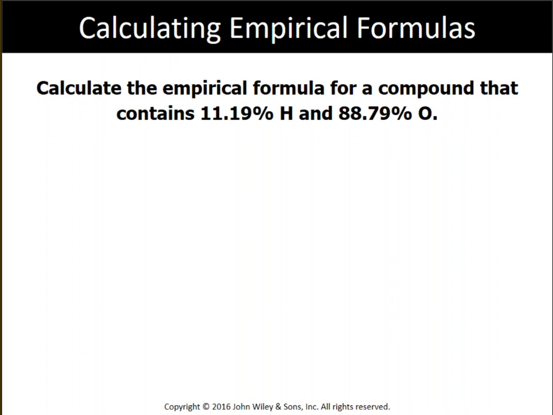We just assume 100 grams of a sample just to make it easier. So in 100 grams of sample, 11.19 grams is hydrogen and 88.79 grams is oxygen. So based on the percent compositions, I found the mass of each element in this compound.